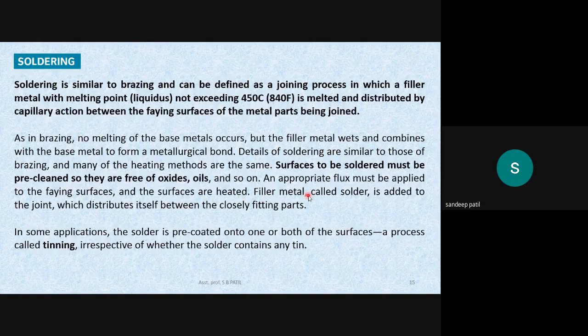The filler metal, which is called a solder, is added to the joint, which distributes itself between the closely fitting parts. In some applications, the solder is pre-coated onto one or both of the surfaces. This process is called tinning, irrespective of whether the solder contains any tin.